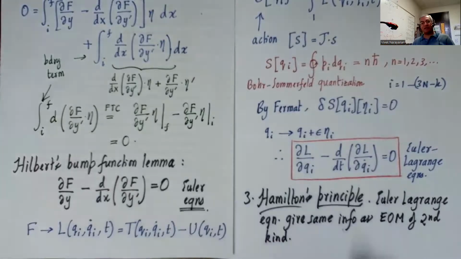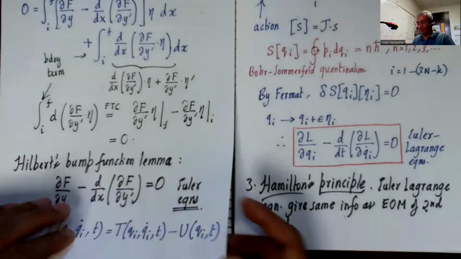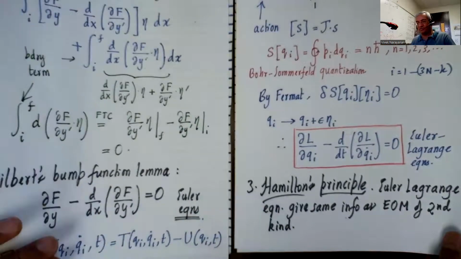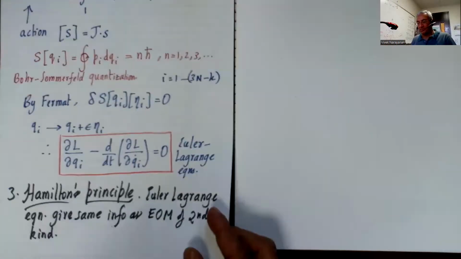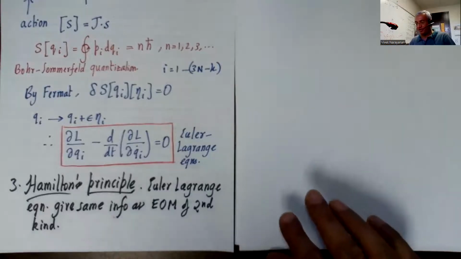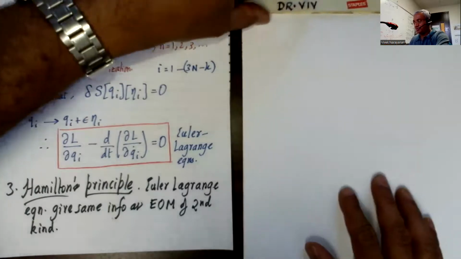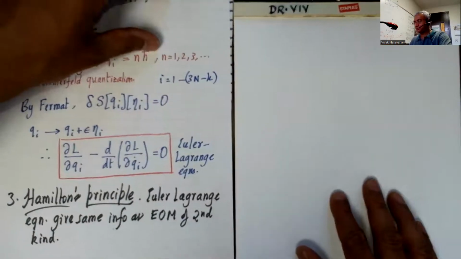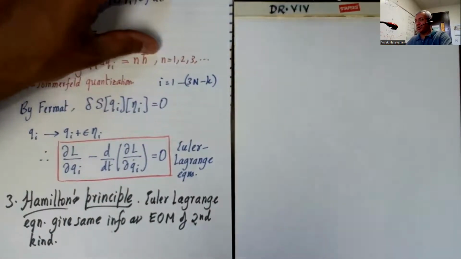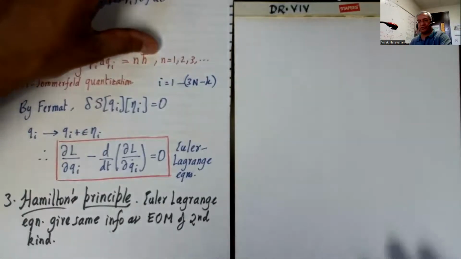In other words, you can get everything from action principles. Hamilton's action principle is a name that has stuck, but it really is no different than Fermat's principle. So I feel a little bit loyal to Fermat, and I feel like downplaying Hamilton's principle. But we're now going to use Hamilton's principle to get the famous Hamilton equations.